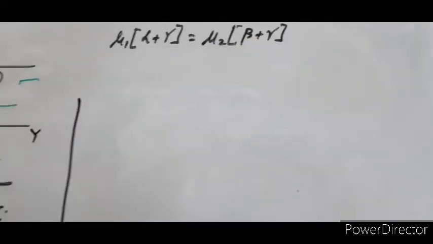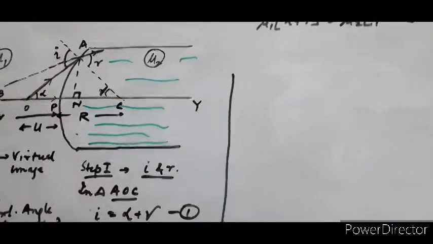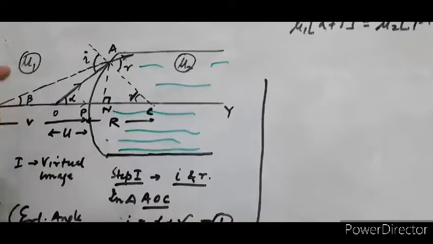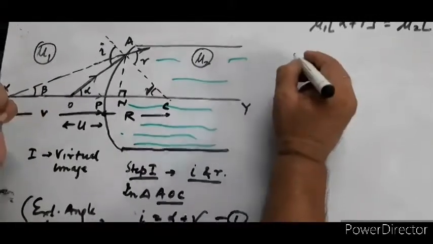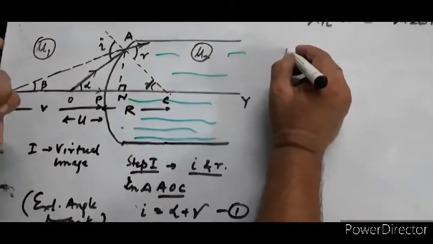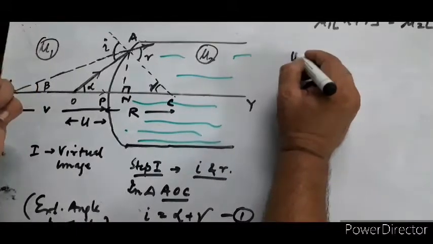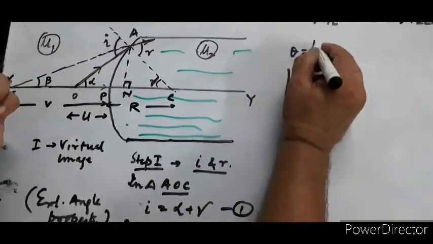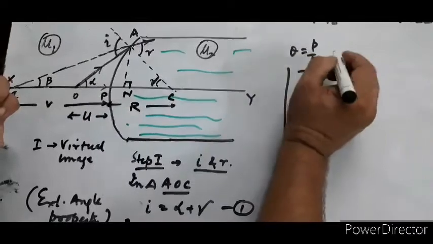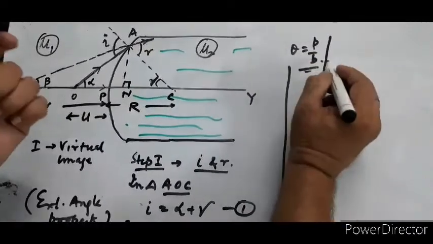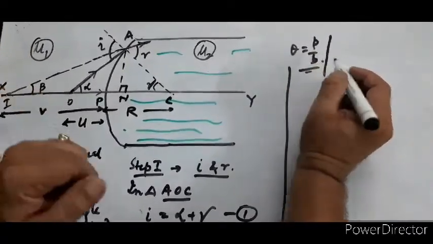Now, as I told you, we have dropped a perpendicular AN. So again, as in the last topic, theta is equal to P by B. The same process we have to adopt here. Tan theta becomes theta when the angle is small.